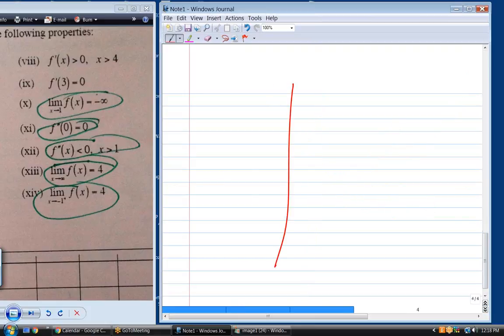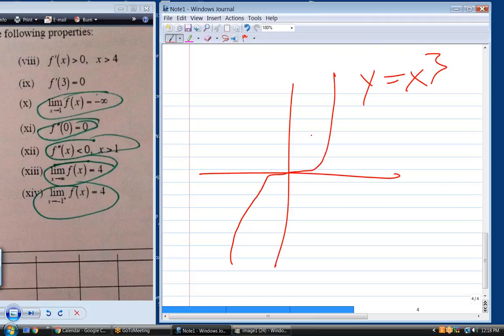If I take the curve y equals x cubed, it looks like this. Well, the tangent line at 0 is horizontal, but it's not a relative extrema. It does not pass the first derivative test. This has slopes going plus, plus, plus, and coming out plus, plus, plus. The slopes have to change going in or coming out. That's the first derivative test.